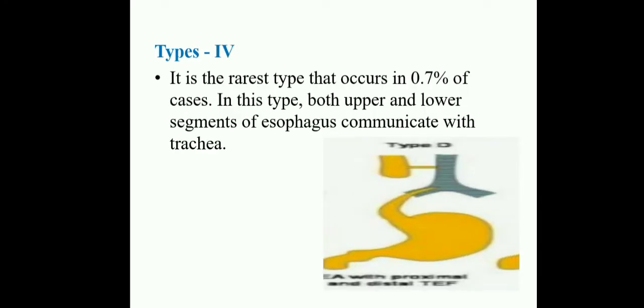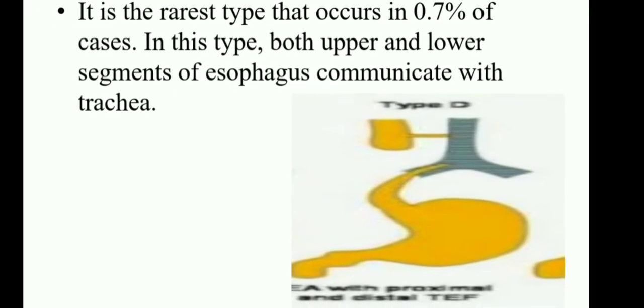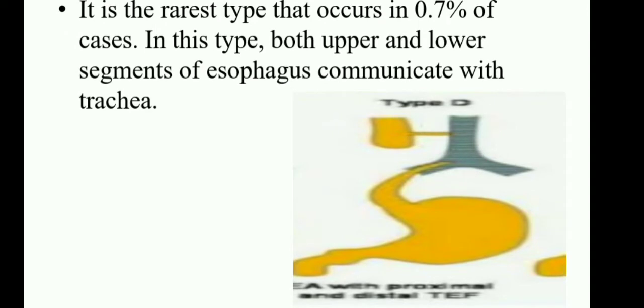And the fourth type is the rarest. It occurs in 0.7% of cases. In this type, both the upper and lower segments of the esophagus communicate with the trachea. Only 0.7% of cases have this fourth type of tracheoesophageal fistula.